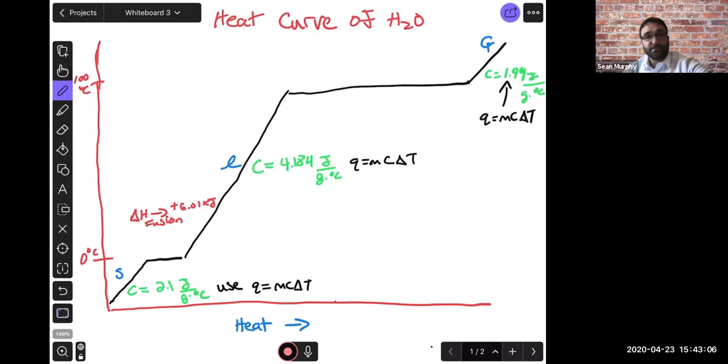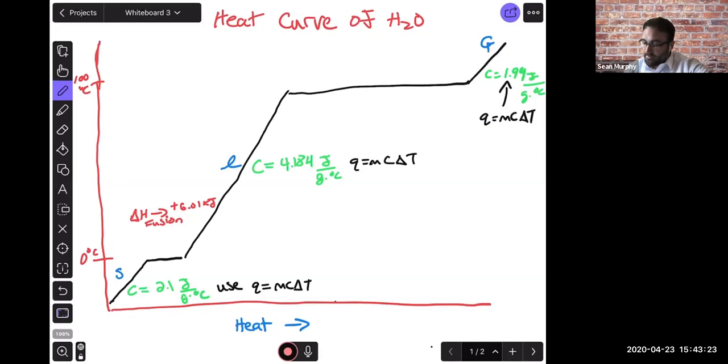For 1 mole of water, which is the same thing as 18 grams, going from point A to point B takes an additional amount of energy. So it's 6.01 kilojoules.